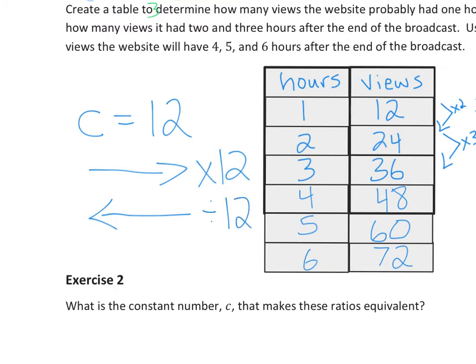But obviously, if it can be multiplicative, meaning using multiplication, it can also be division if you work it backwards or go the other way. We're not looking for addition or subtraction most of the time. I think there are some exceptions, but in these situations, we're going to be looking for how I get that other number based on multiplying or dividing something and this number on this side. So this was 1 times 12, and so on and so forth.